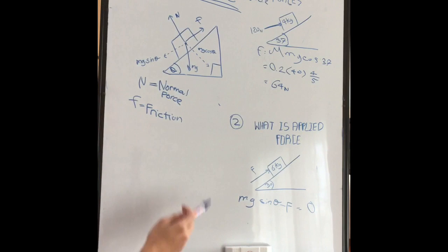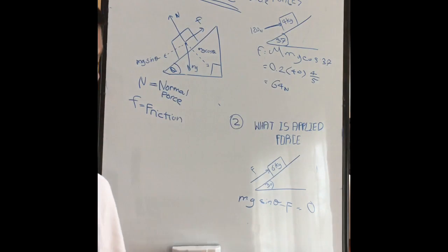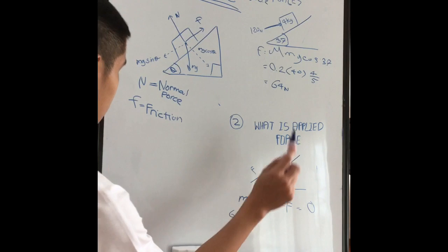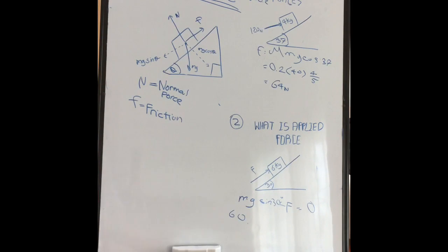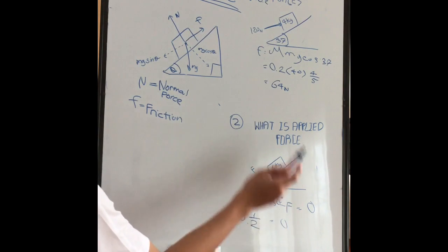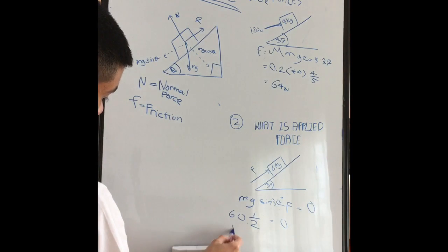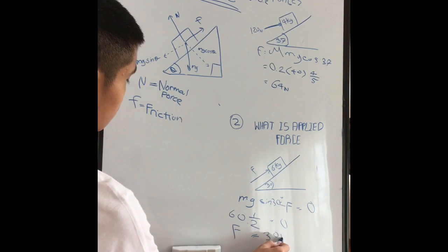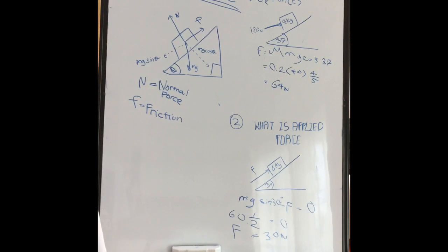So mg is 60, sine 30. Sine 30 is 1/2. So F equals 30 Newton. So that is pretty much about dynamics. Thank you.